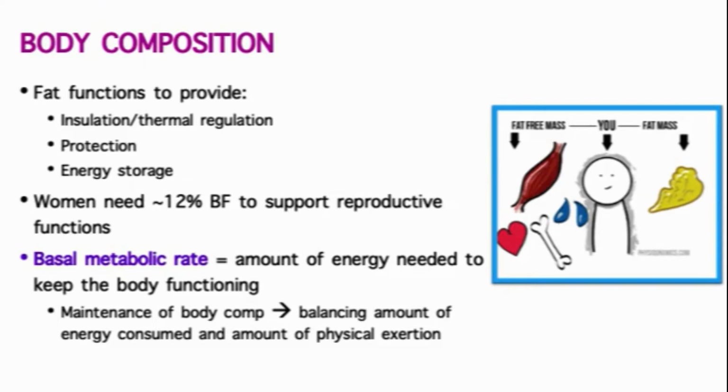We can't necessarily change our basal metabolic rate short term, but I don't remember the exact ways that your BMR fluctuates throughout the lifespan, but it does fluctuate. It does change. It could change based on what your dietary intake is. My mom has done a lot of reading. She has been on a ketogenic diet for, I want to say, almost 2 years now.